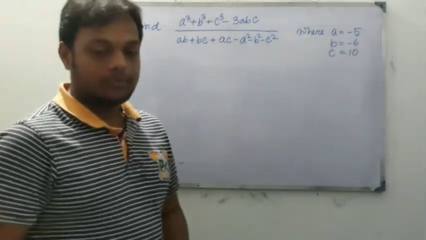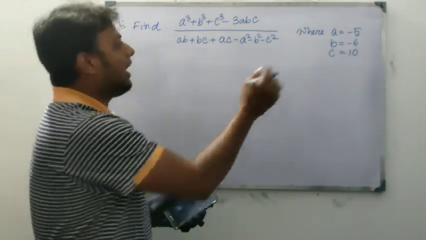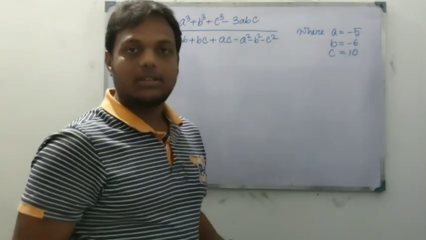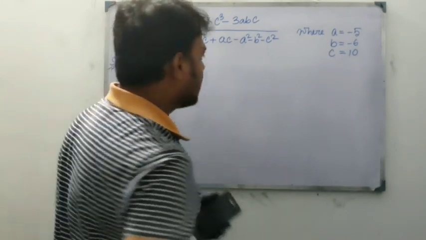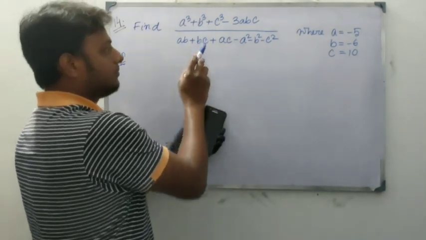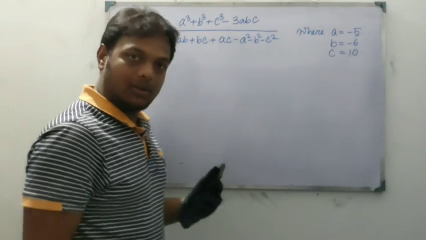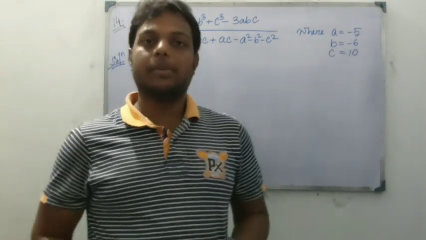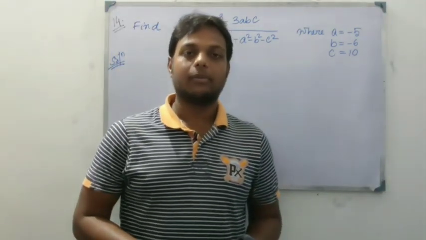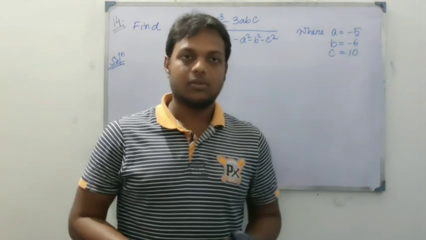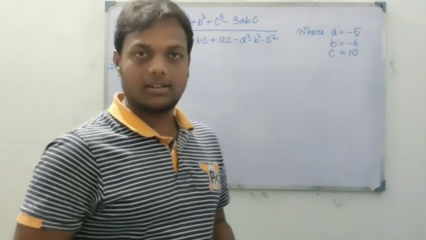This is the problem. Since the individual values of a, b and c are given, you can put them in directly. Then you will get the answer, but it will be very complicated and very large also. That's why we can use a small trick.